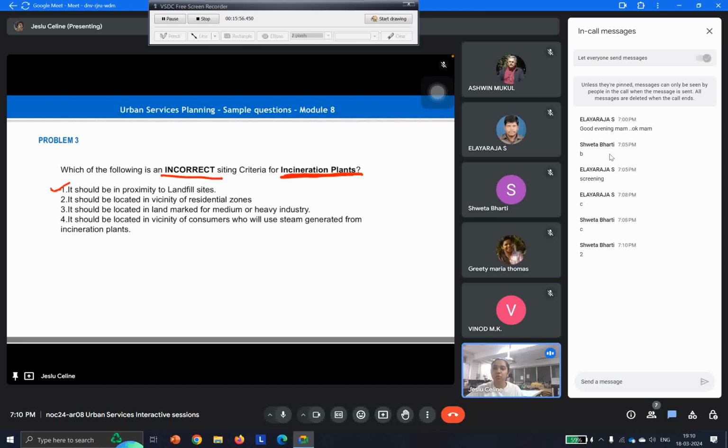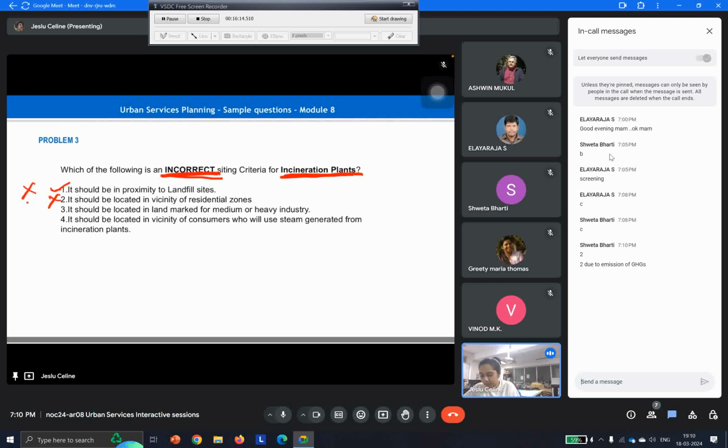And the second one, it should be located in vicinity of residential zones. Is that a correct statement? Okay, so Shweta has already answered two, saying that that is not a correct statement. Yes, that is not correct. So this is the answer because they've asked for incorrect.